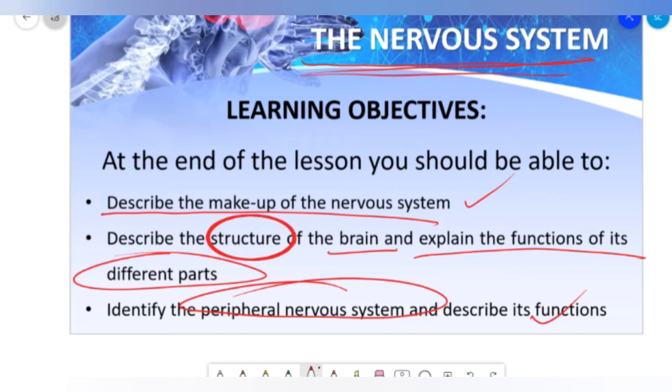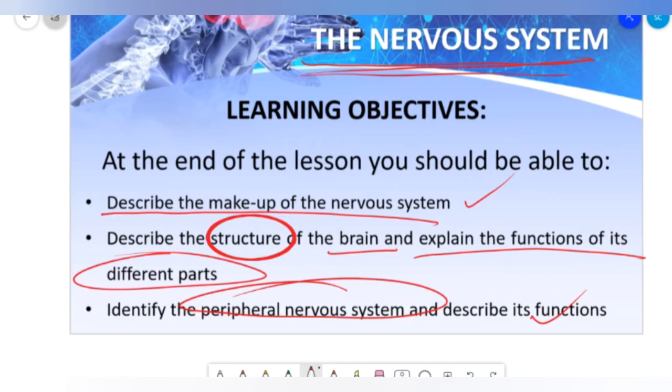For various organisms, their external environment changes continuously, so they must receive a message and send it to a coordinator so that the coordinator will pass that message to other parts of the organism so that a response will be effected. So this system that is responsible, that we call the coordinator, is the system we'll be looking into this week, the nervous system.